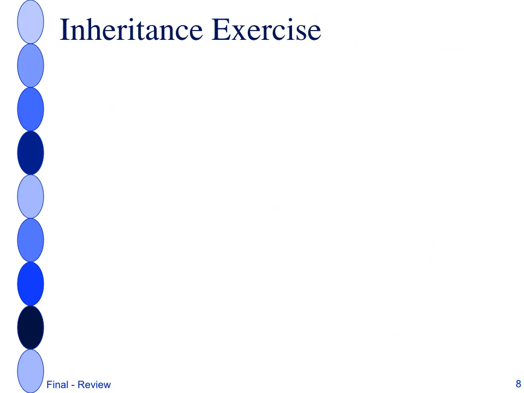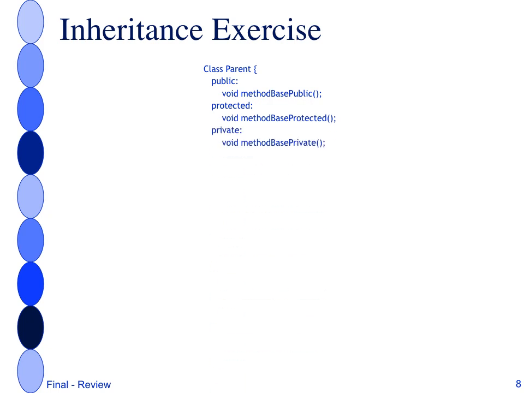So let's look at an inheritance exercise to understand or to review the concept of access identifier. So here is a parent, and the parent has 3 groups of data. There's public data, so it has a method over there. There's a protected portion, there's another method there, and then the third one is private, and there's another method there.